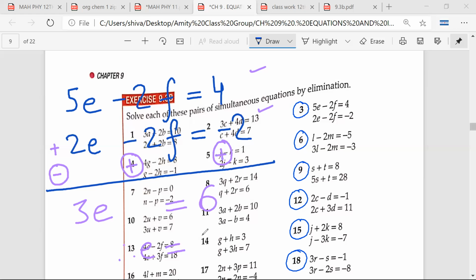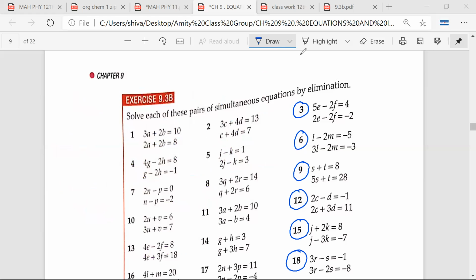You are not adding the two equations. In 9.3a, you are adding the two equations. Because in this exercise, if you add the two equations, nothing will eliminate. Let us take another example.